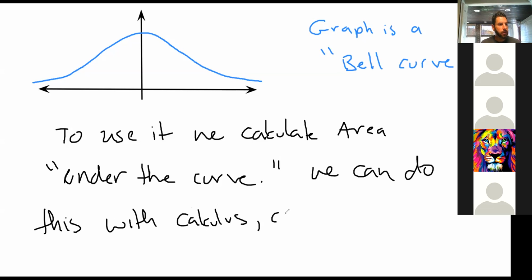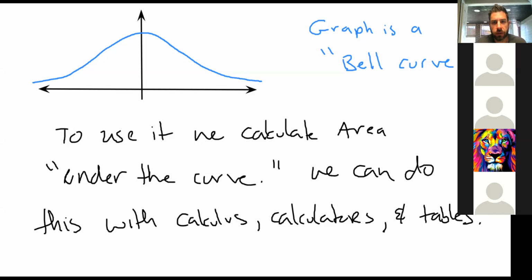We can do this with calculus, calculators, and tables. Now in this class, we're not using calculus, so let's just ignore the fact that I even wrote this down, because we don't use calculus in this level of probability.